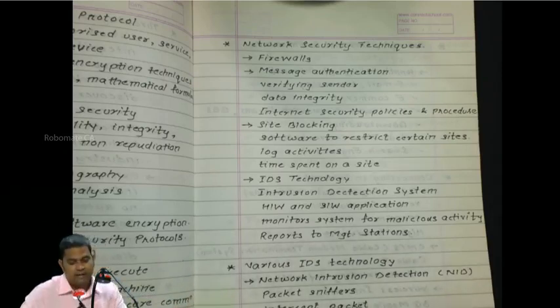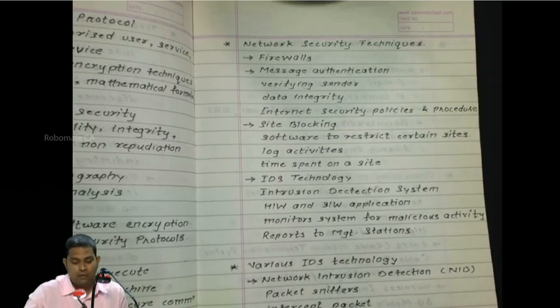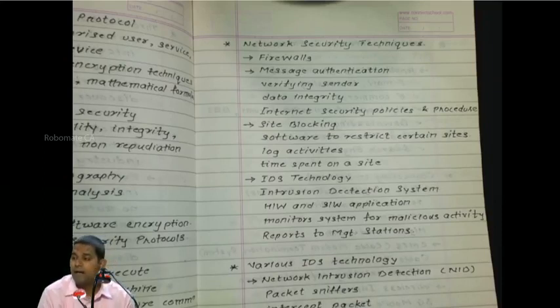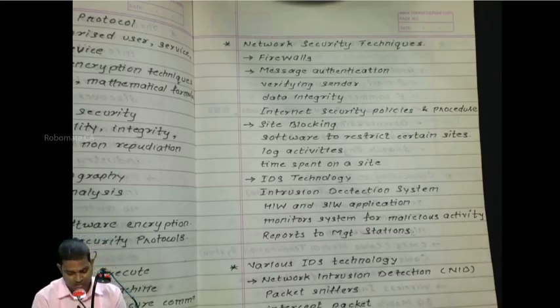Now, if anything is found suspicious, it will intercept the packet and check its contents before it reaches its destination, before it reaches the node or a particular server. So to find out malicious events, this is a very good technology.